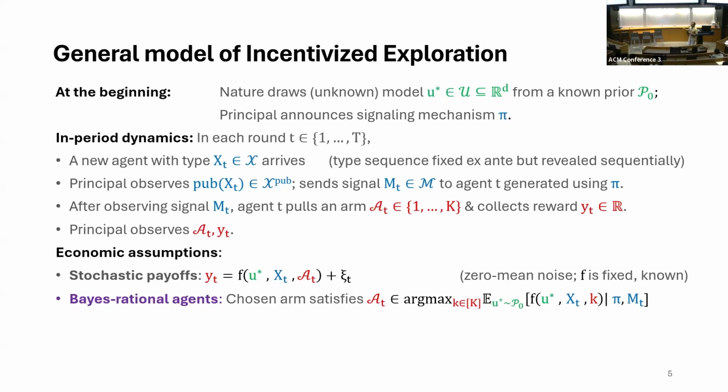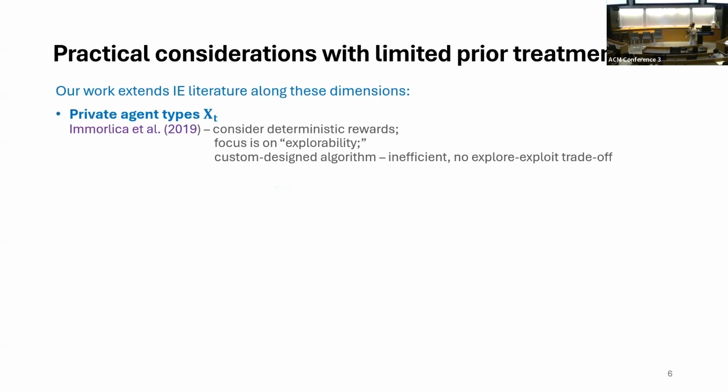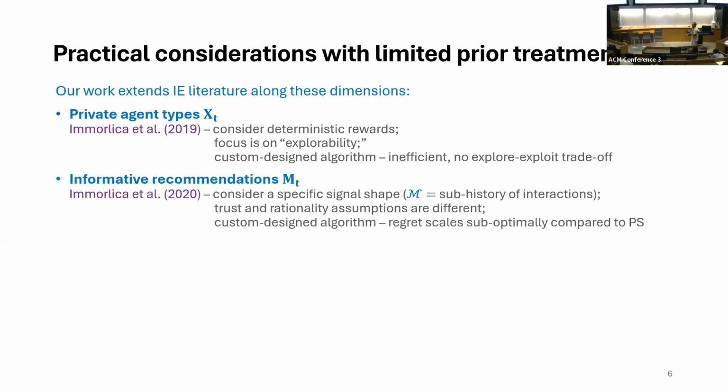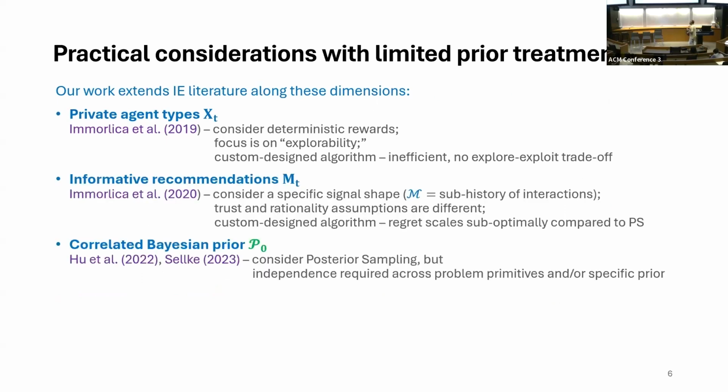And agents are Bayes rational, in the sense that they are going to best respond to the signal that they received in round T, subject to their prior beliefs, which is P naught. That said, just to reiterate, the principal's objective here is to maximize cumulative expected payoffs over T rounds of interaction.